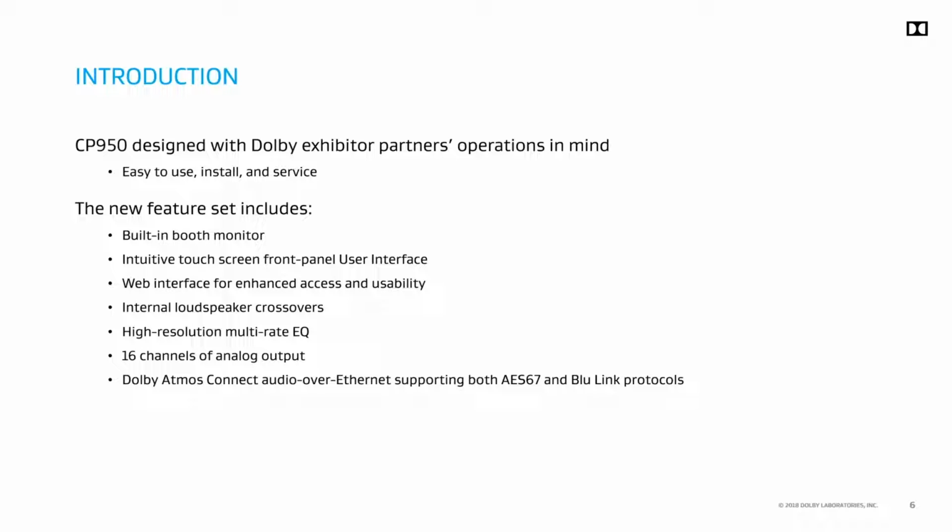Some of the new features included in the 950 include the built-in booth monitor, which is a first for a Dolby processor, the intuitive touchscreen front panel interface, the web interface for enhanced access and usability, the internal loudspeaker crossovers, high resolution multi-rate EQ, 16 channels of analog output, and of course the Dolby Atmos Connect, which is our audio over Ethernet, supporting both AES67 and BlueLink.